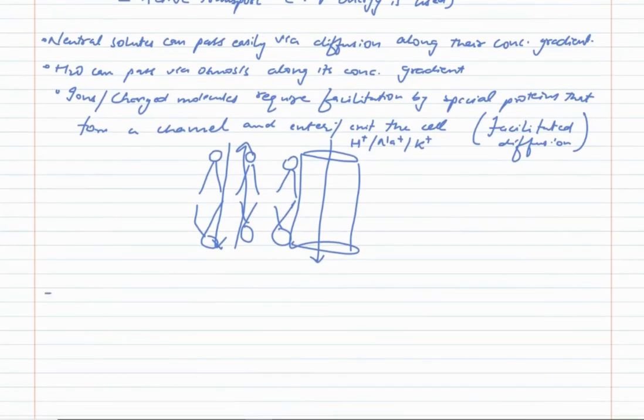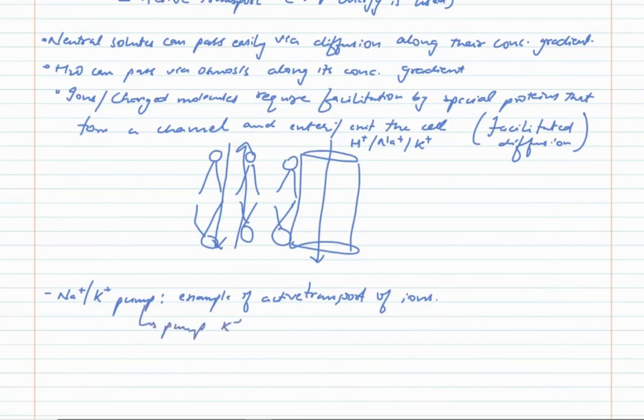In case of active transport, such as the sodium potassium pump, it is an example of active transport of ions. See, sodium concentration is more outside the cell, whereas potassium is present more inside the cell.